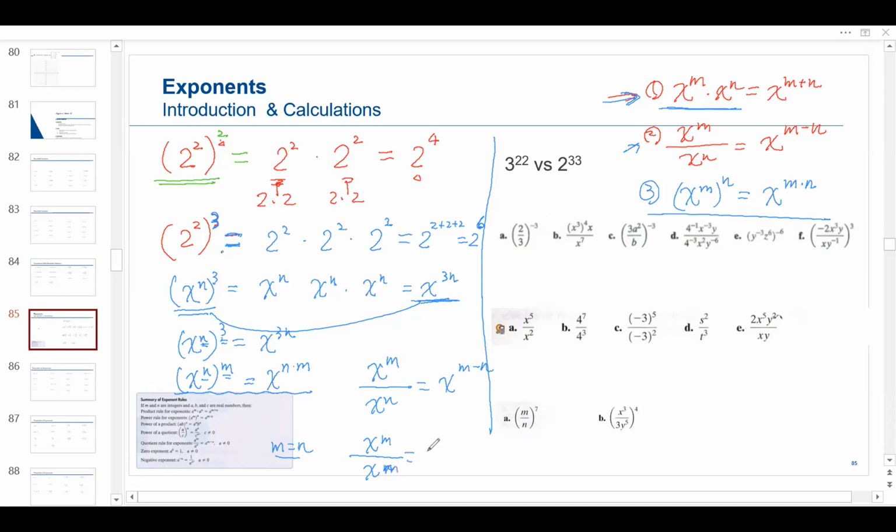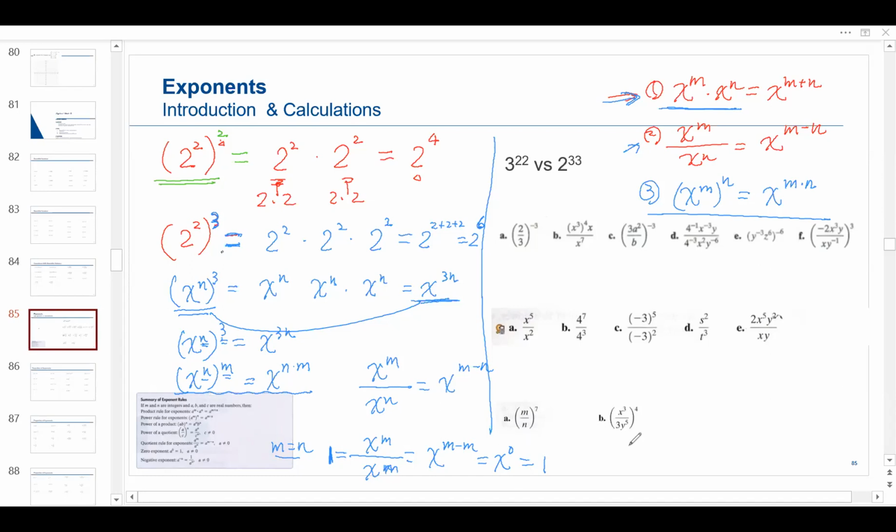So here it means m minus m, right? m minus m equals 0. Actually, this number is the same, so this equals 1, right? Top and bottom are exactly the same. So it means this equals 1. Is it correct?